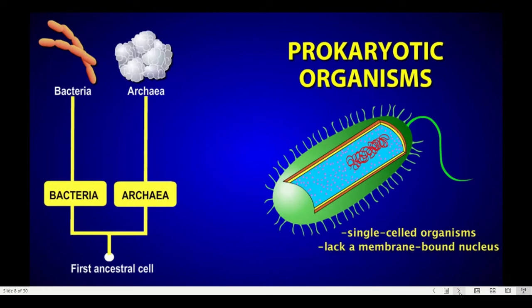For the prokaryotic organisms, ito yung 2 domain: bacteria domain and archaea domain. Ang first ancestral cell nila ay galing sa prokaryotic organism. So, these prokaryotes are single-celled and lack a membrane-bound nucleus.